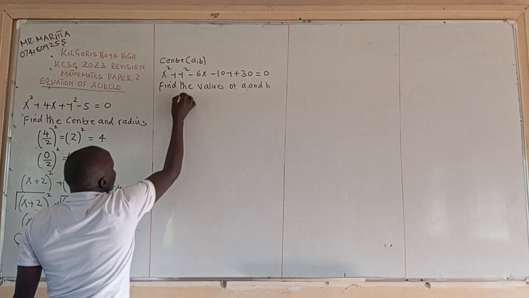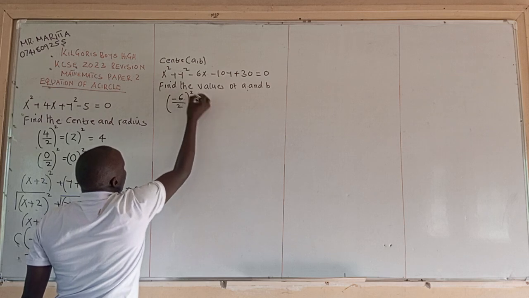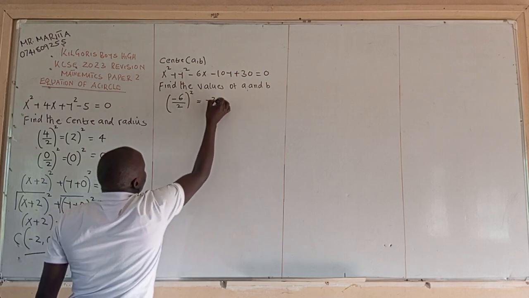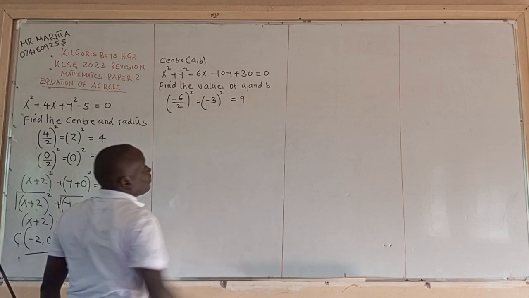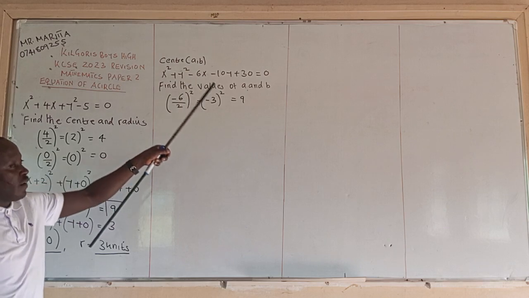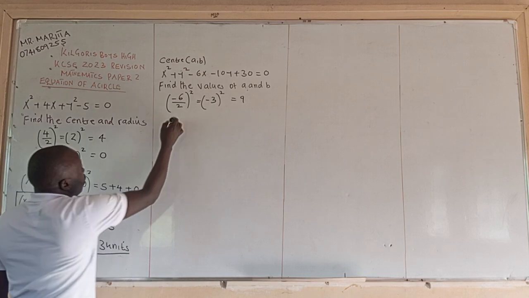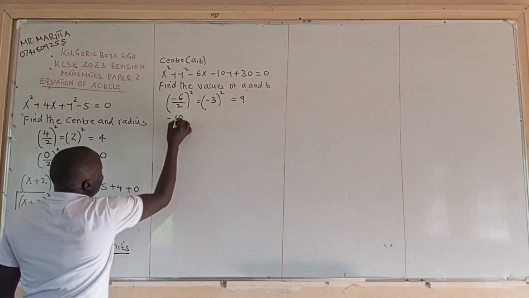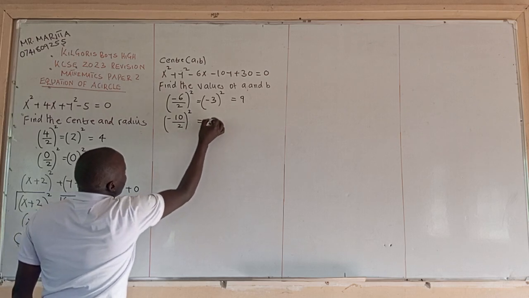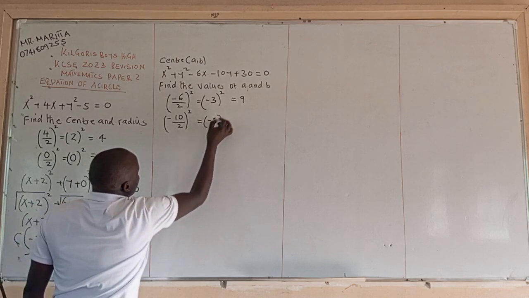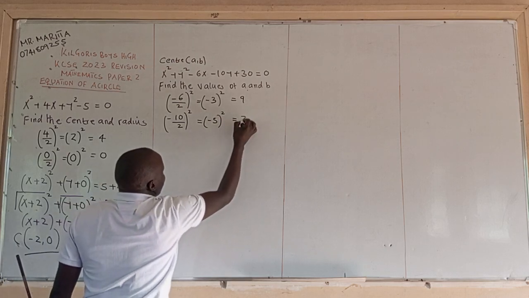You divide it by 2, and then you square: negative 3 squared gives us 9. Again, you take the coefficient of y, which is negative 10, divide it by 2, and square: negative 5 squared gives us 25.